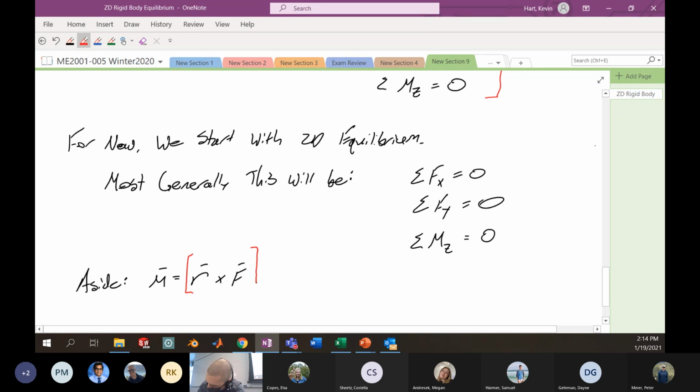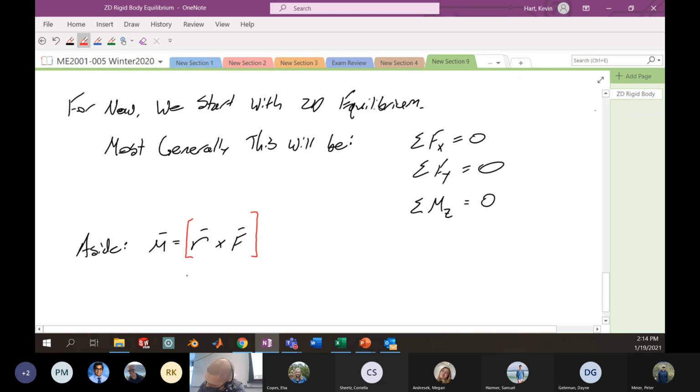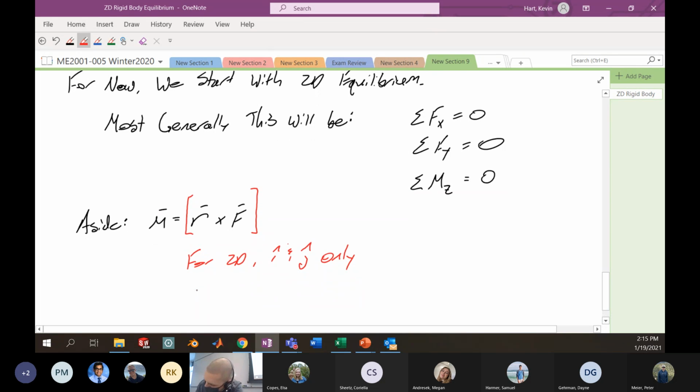If these are only contained in i and j, then the only possible moment that you can generate, if you're only considering forces in the i and the j direction, is moments in plus or minus k hat.